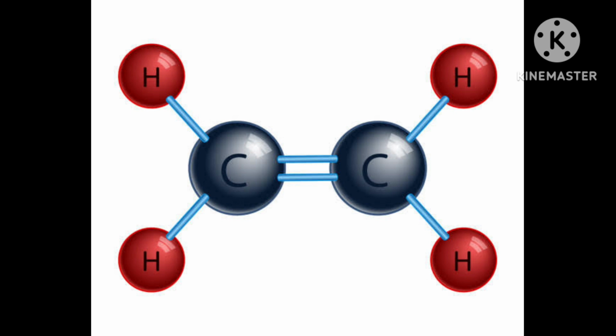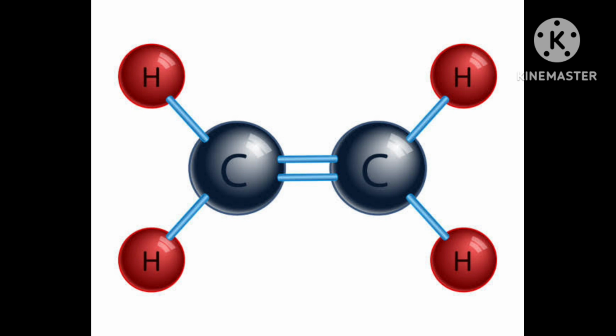But in a staggered form they will be far. That is the stable form of ethane, the stable region. The electrons of carbon and hydrogen will be far, and repulsion will be less.